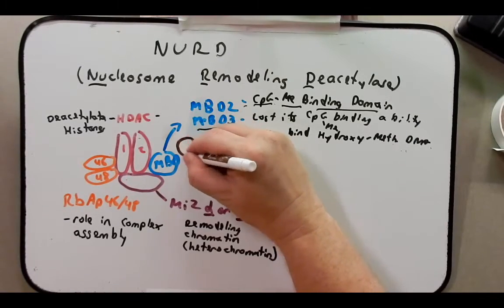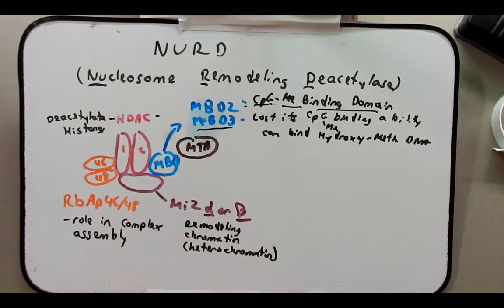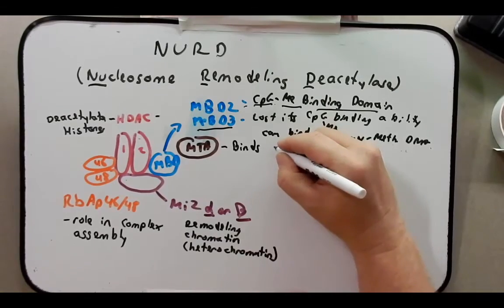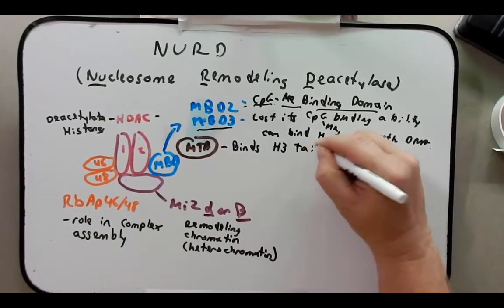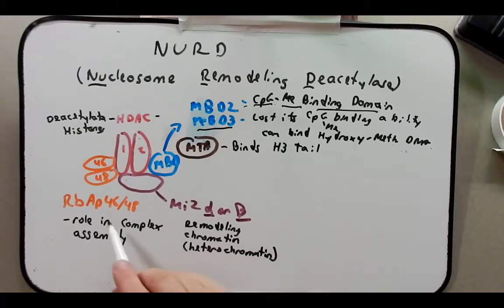The next one I'm going to draw here is MTA. And MTA has a protein binding ability with the H3, the histone 3 tail. So this is bringing it to a part where it can deacetylate some of those lysines that have been acetylated, which we already know are linked to gene activity.